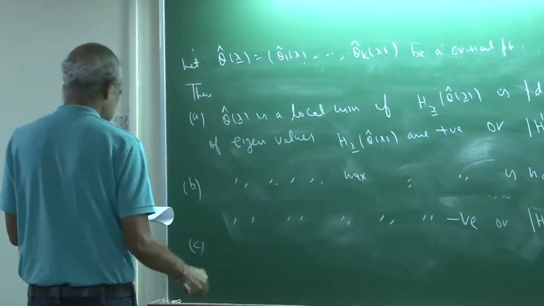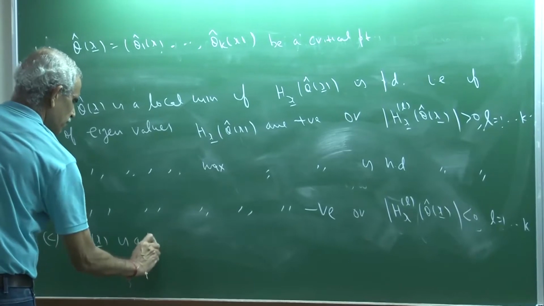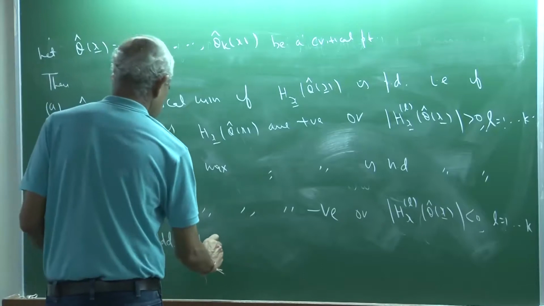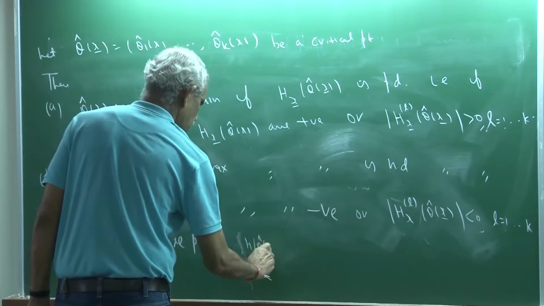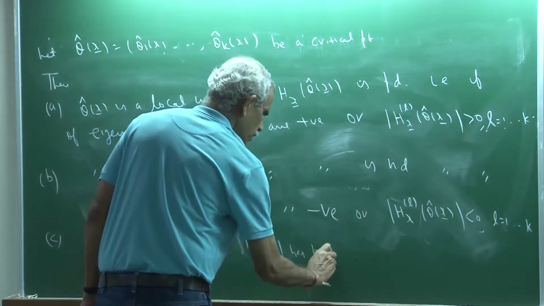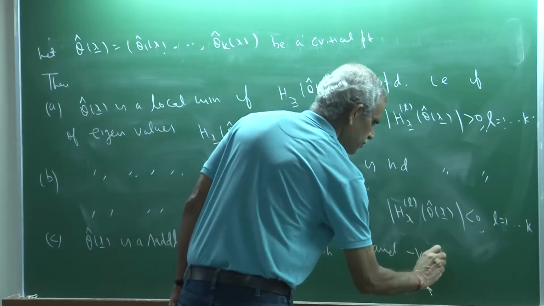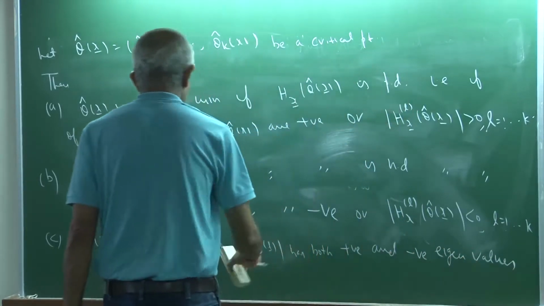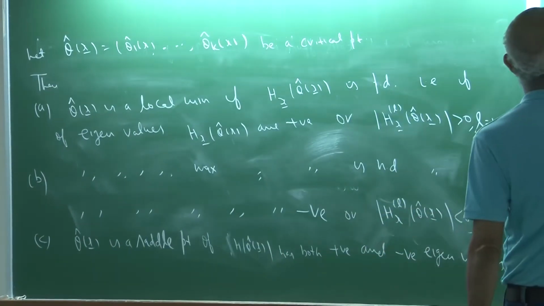So theta hat x is a saddle point if Hx(theta hat x) has both positive and negative eigenvalues, but the determinant is non-zero.